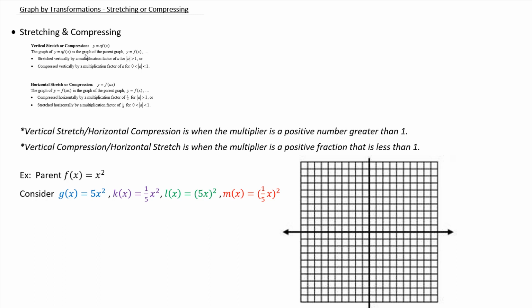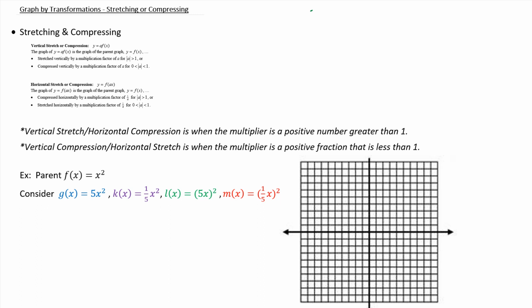Or the multiplier might be on the x value, and that would be a horizontal stretch or compression. And then the value determines whether it's a stretch or a compression in both the vertical and the horizontal case. So we're going to start off with the parent function.